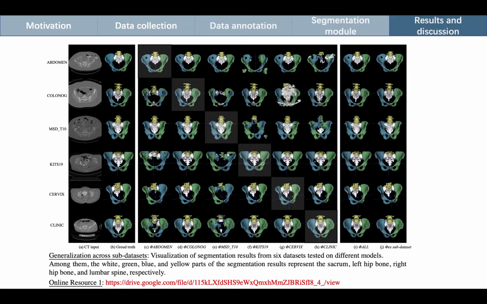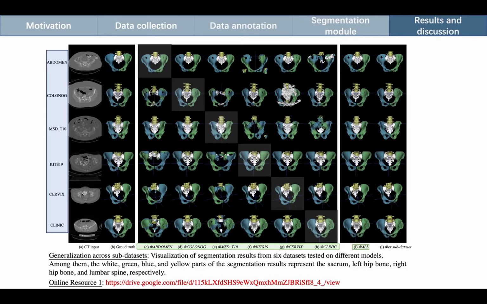To prove that learning from our large-scale pelvic bone CT dataset is helpful to improve the robustness of our segmentation system, we conducted a series of experiments in different aspects. Here is a visualization of one of our main experimental results. We trained 6 deep networks, one network per single sub-dataset, and another network trained on the whole large-scale dataset, denoted by phi-all.